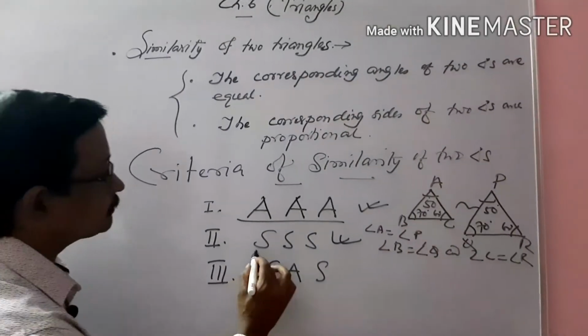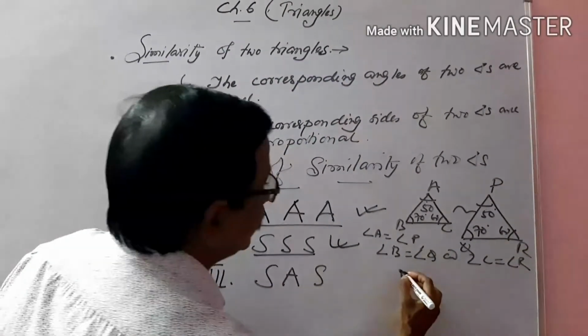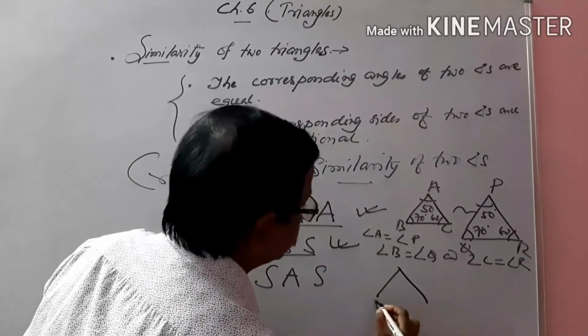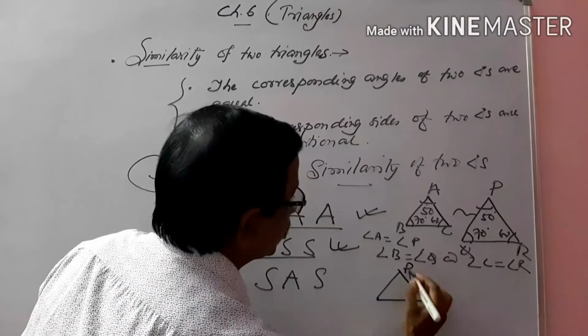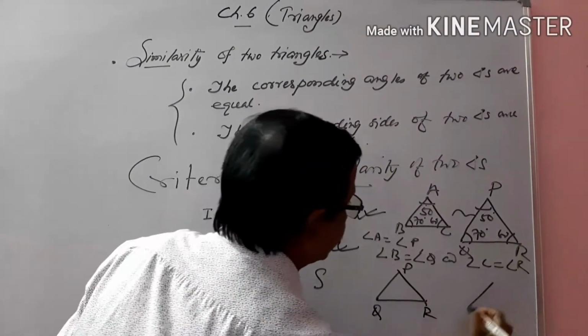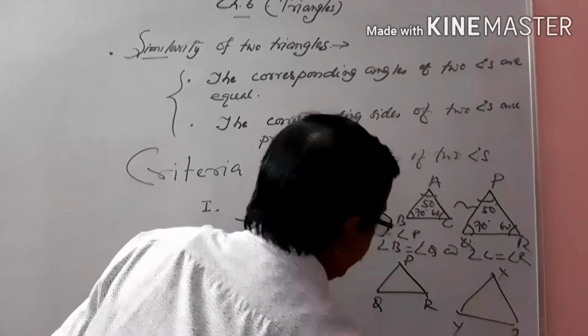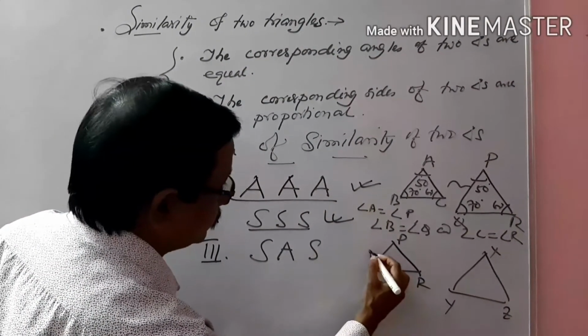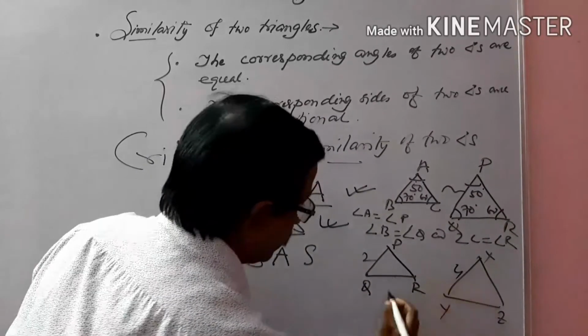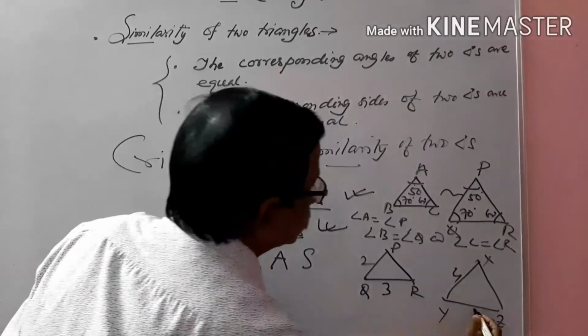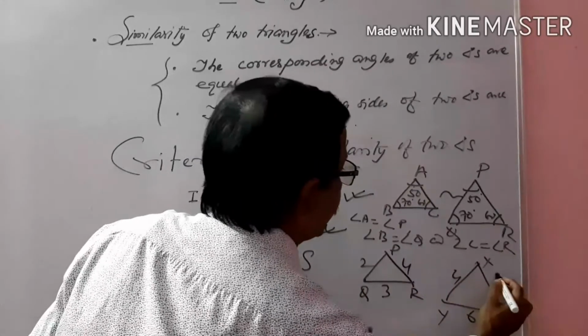Then in the case of sides, what does it mean? There are two triangles, PQR and another triangle XYZ. Their side ratios are, say, 2, 4 and 3, 6 and 4, 8.